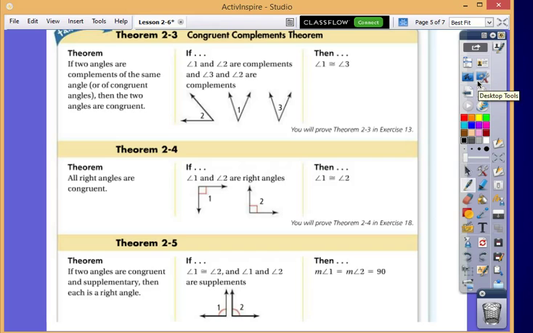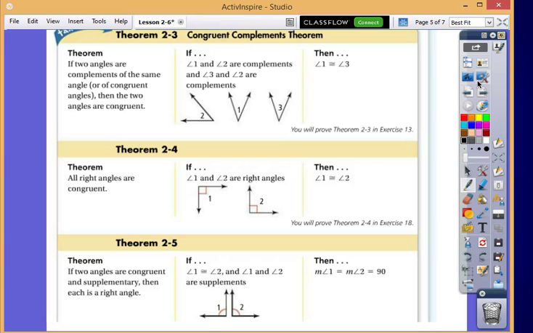I'm not going to go into as much detail, but there is a congruent complements theorem as well. And the congruent complements theorem in your brain works exactly like supplementary, except instead of doing angle plus angle equals 180, it's angle plus angle equals 90. In complementary angles, angle 1 plus angle 2 equals 90.